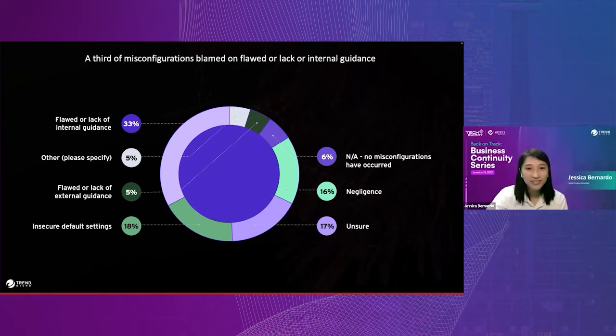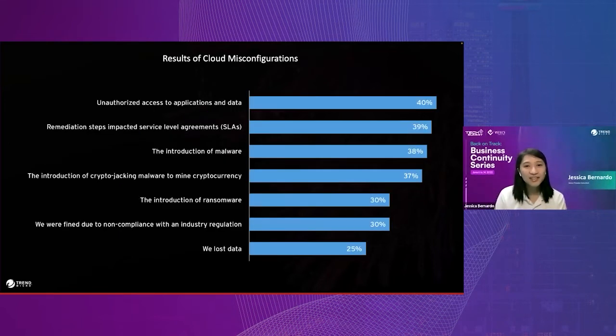Now, another thing when it comes to misconfiguration. There are results on misconfiguration in our environment, and the 40% here is what scares us the most. Why? Because number one is unauthorized access to applications and data.